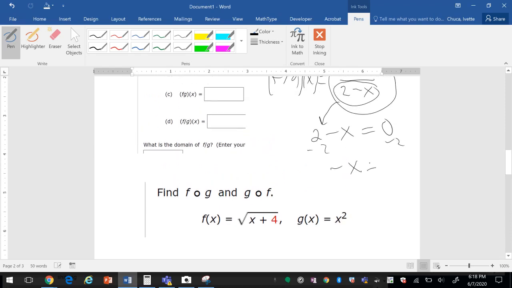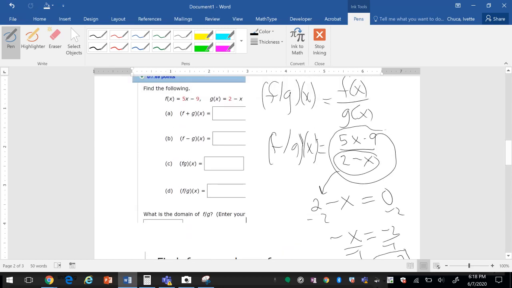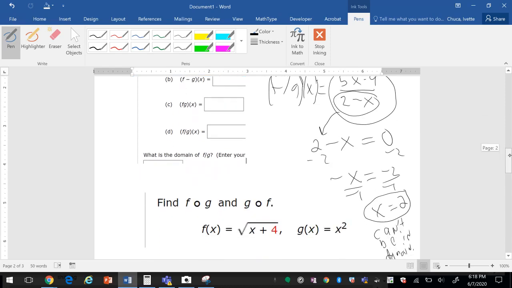So we get negative x equals -2, divided by -1. So x will be positive 2. So what this means is that x equals 2 cannot be in the domain. And the reason is if you plug in 2 here, we would have 2 minus 2 is 0, and we cannot divide by 0. So we have to exclude that.